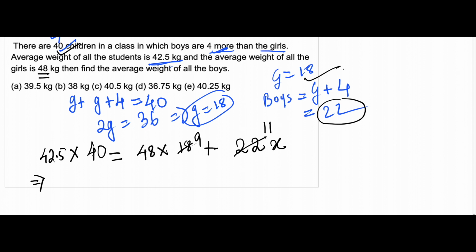And this one, 20. Okay. 42.5 into 20. 42.5 into 10 is 425 into 2, 850. 48 into 9, 432 plus 11x.